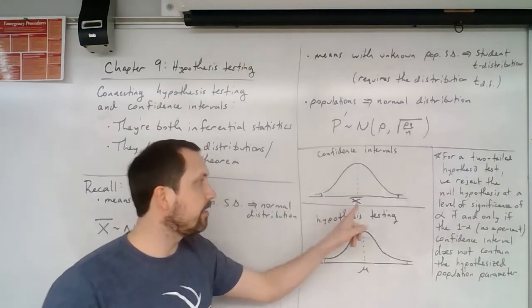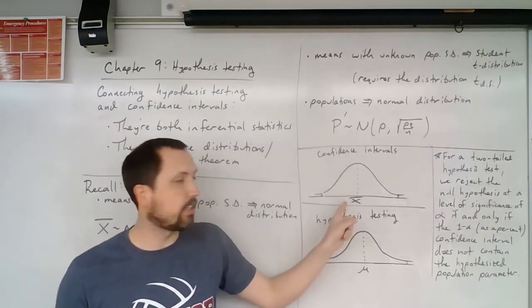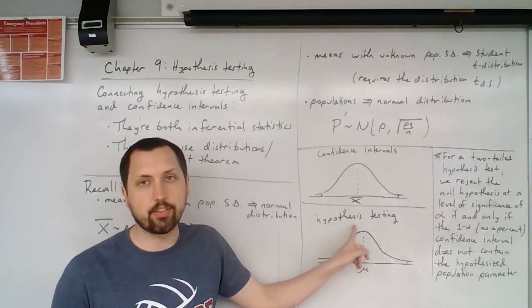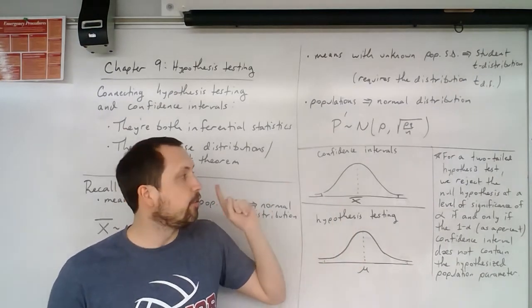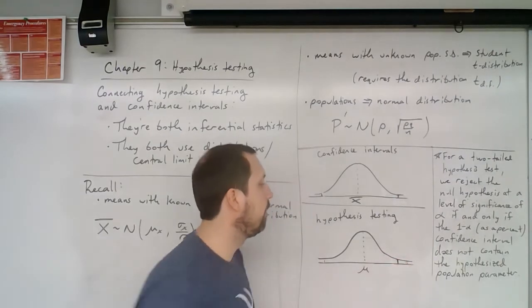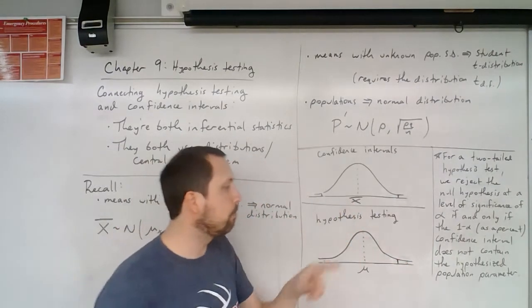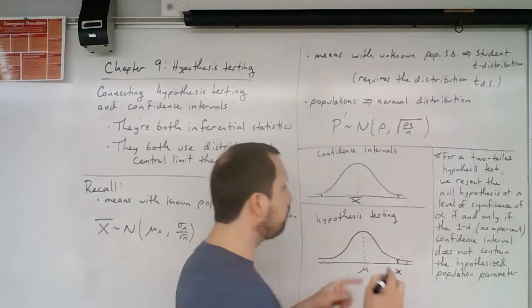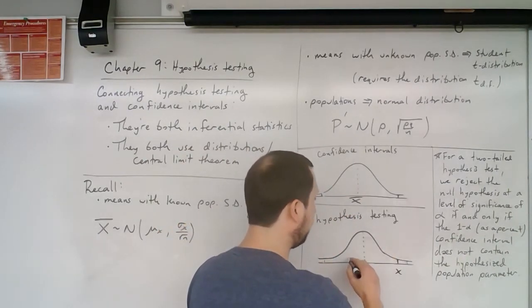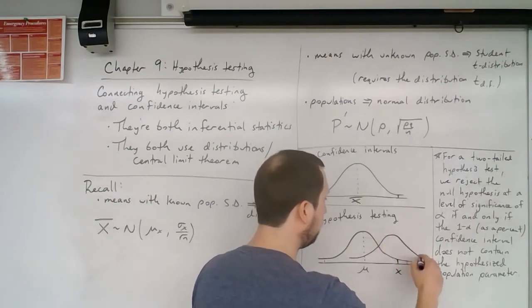So in confidence intervals, our sample mean's in the middle. In this case, our population mean is in the middle for hypothesis testing. So if, for instance, my sample mean occurs here, I could really draw the same type of distribution at this point here.